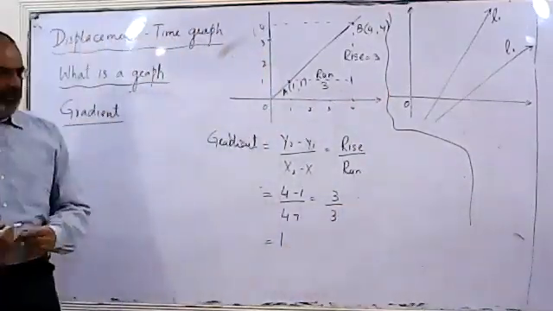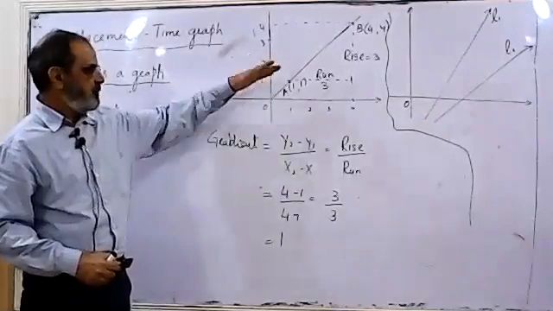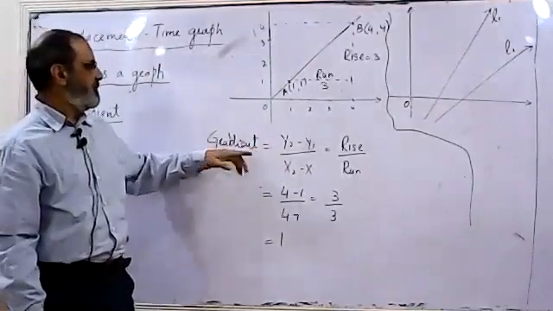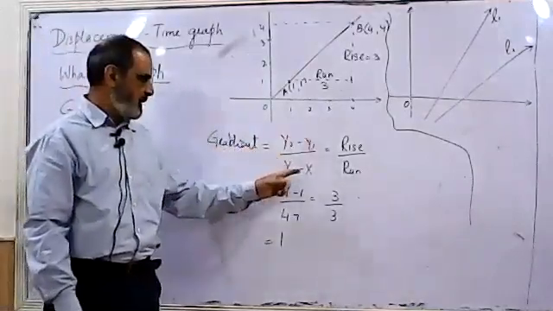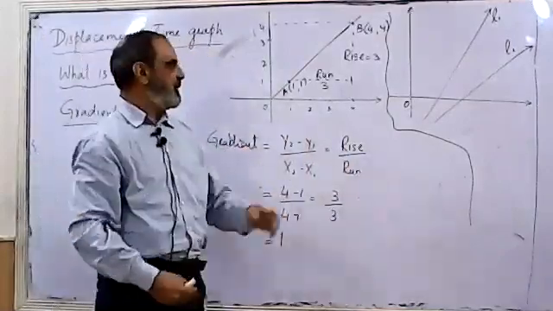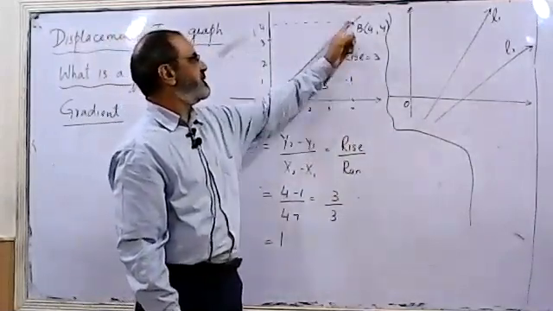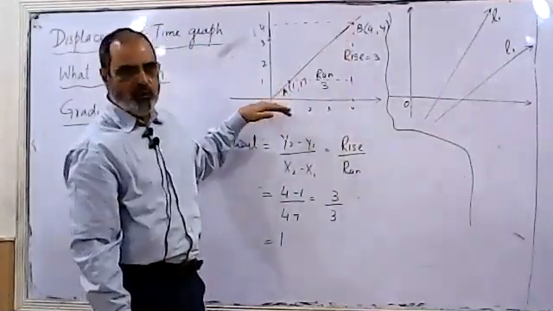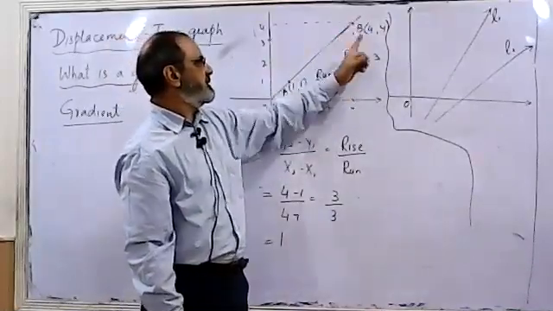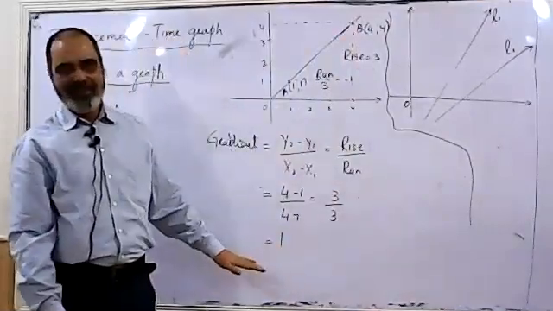So the gradient of the line is 1. That is the slope of this line. So there are techniques you are already familiar with. You have studied in maths that the gradient can be found by the formula y2 minus y1 over x2 minus x1, or you can find it as rise over run. For rise over run, you have to consider the horizontal displacement and the vertical displacement between these two points. So to travel from A to B, horizontally I have to move 3 units and vertically I have to rise 3 units. So you can use rise over run, or you can use this formula to find the gradient.